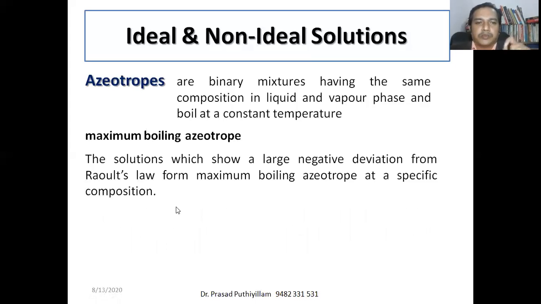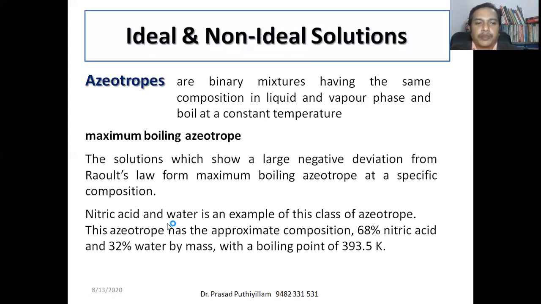Maximum boiling azeotropes, the last topic. The solution which shows a large negative deviation from Raoult's law forms maximum boiling azeotropes at a specific composition. The example given is a mixture of nitric acid and water. If it is a mixture of 68% nitric acid and 32% water by mass, the boiling point is 393.5 K. Again, it is difficult to separate these.